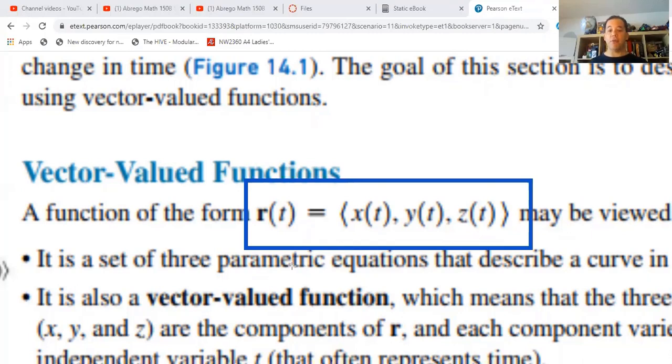And the first kind that we saw, for example, when we were talking about parametric equations, was the way to think about a circle of radius A centered at the origin. So I'll show you that. Let's go to the page here.